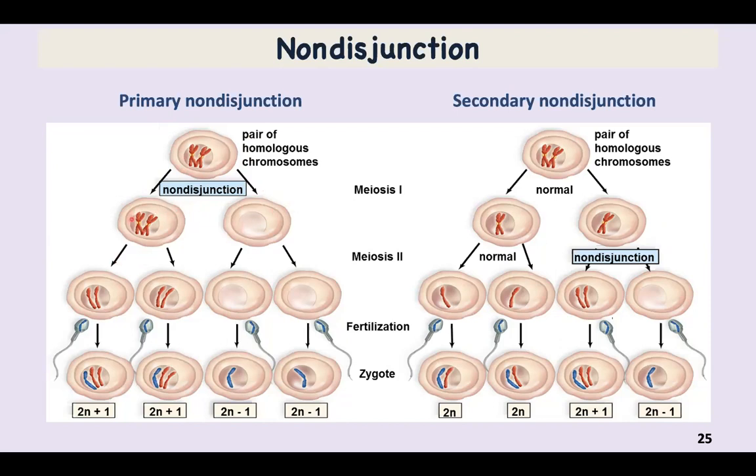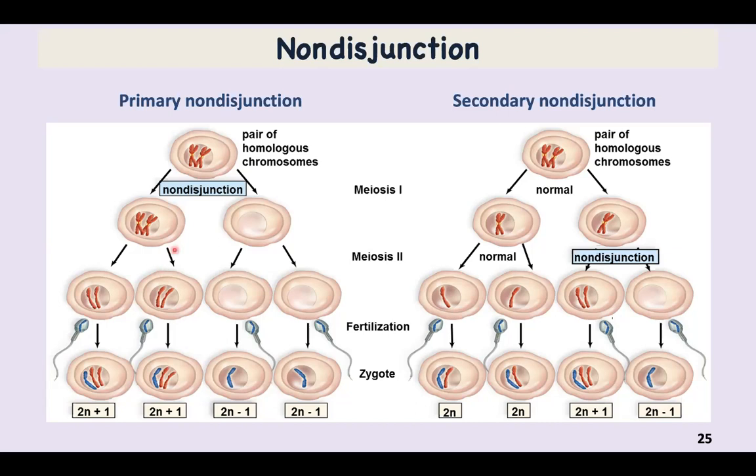Tapi dah jadi dua-dua masuk the same cell. So this is primary non-disjunction. Dia akan hasilkan, bila dia separate, jadi 2n plus 1 and 2n plus 1 and 2n minus 1 and 2n minus 1. So this is monosomy, this is trisomy.